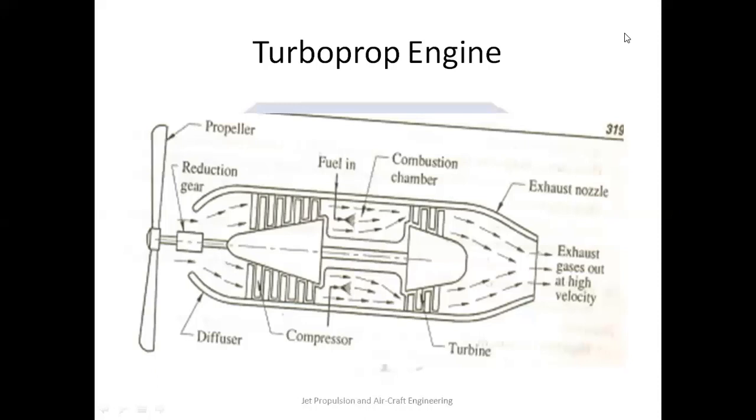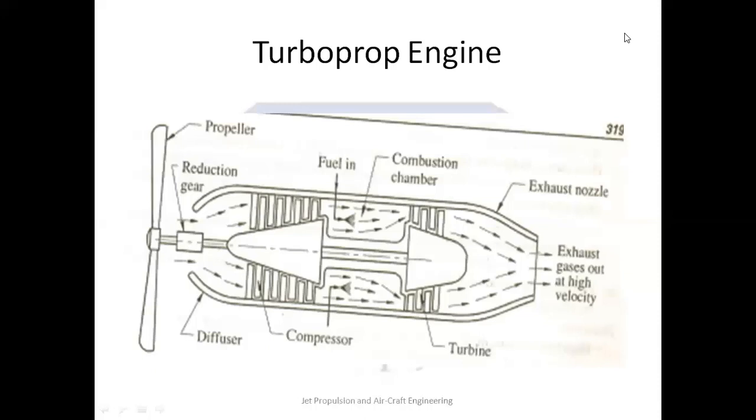The compressor in the turboprop is an axial flow compressor. The product of combustion, which are the flue gases, expand in a two-stage turbine. One stage of the turbine drives the compressor and the other drives the propeller.